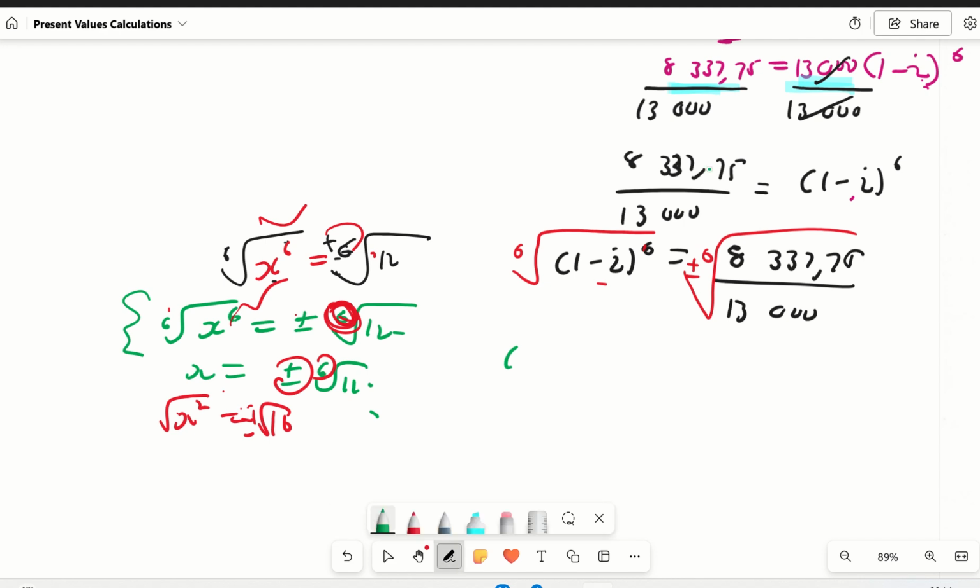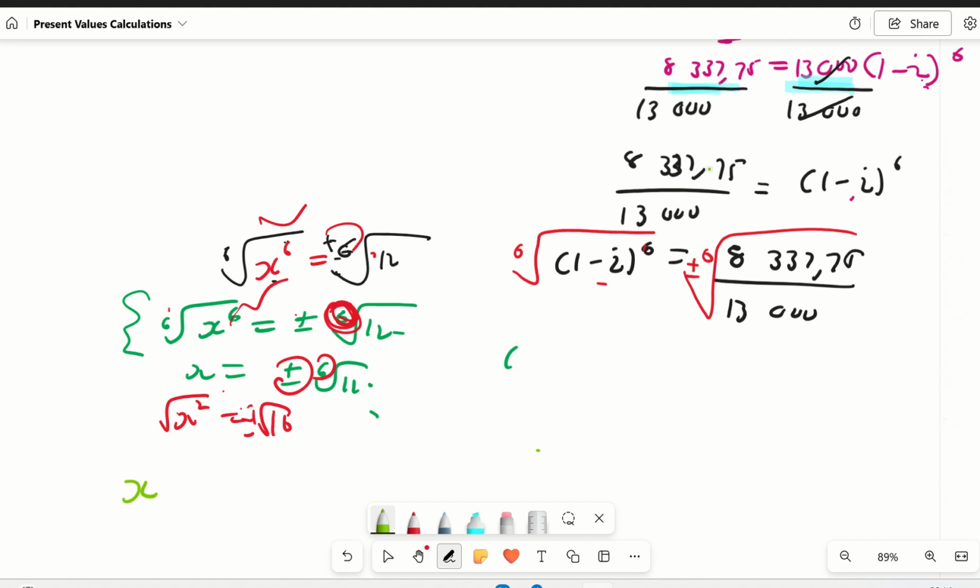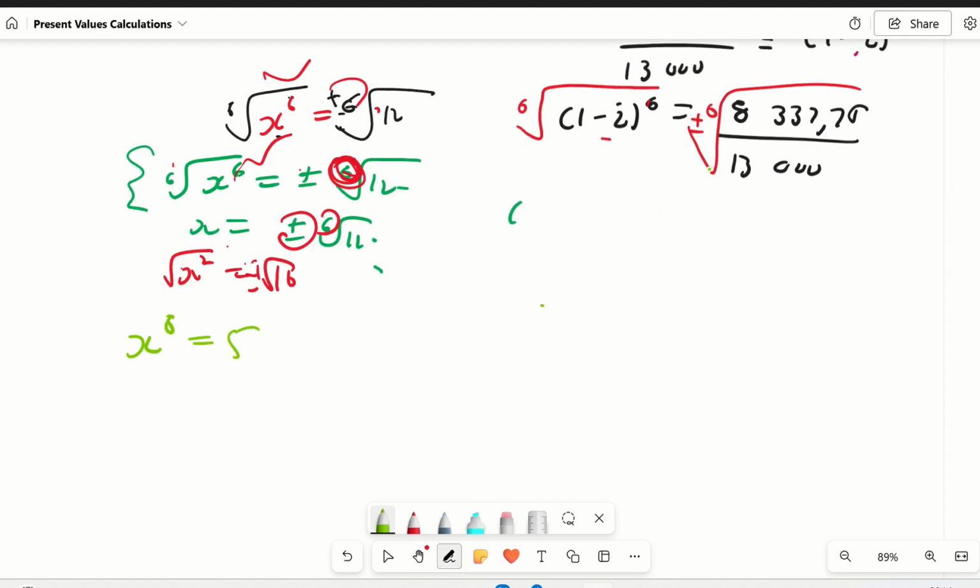Okay, but do you guys understand what I mean? Okay, you didn't get that part. So I'm saying that whenever you come across something like this, let's just say x to the power 6 is equal to something, maybe 5, or x to the power 7 equal to 5. For the sixth power you take the sixth root on both sides, but you're going to put a plus minus in front of that. Why?